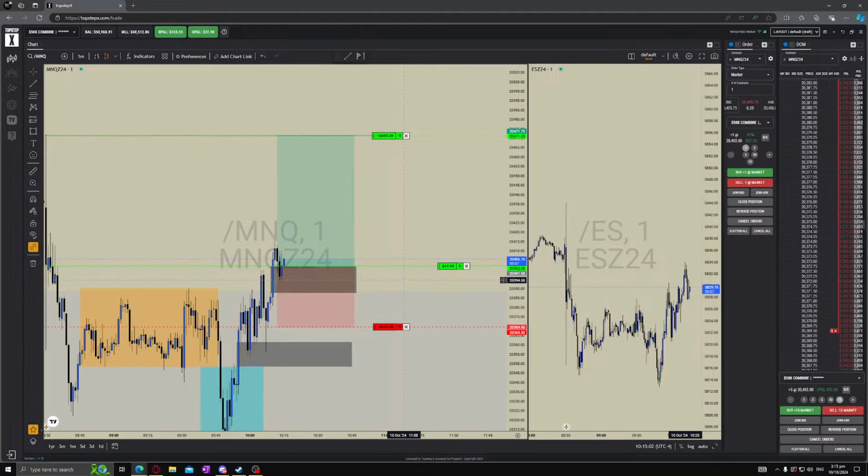Price is just too sluggish. This is really tough to trade. Let's hope we get some momentum back here.